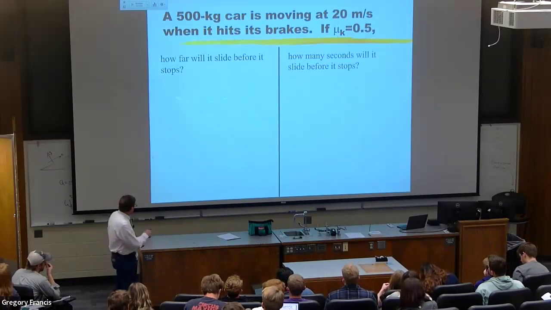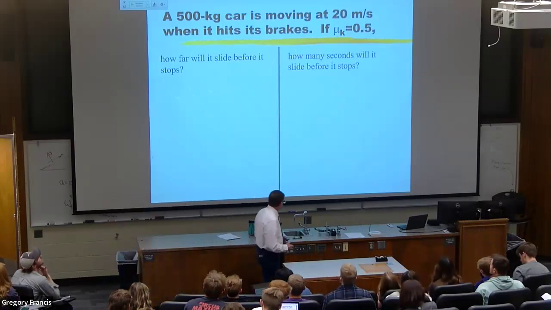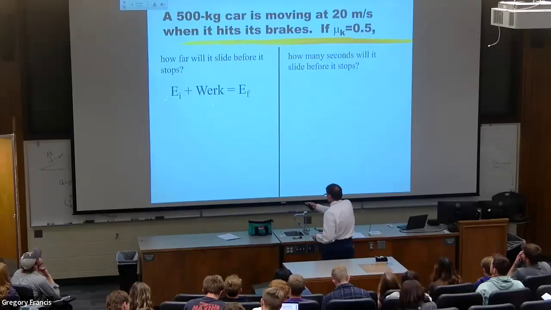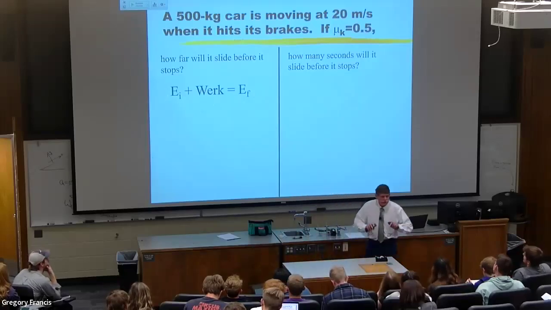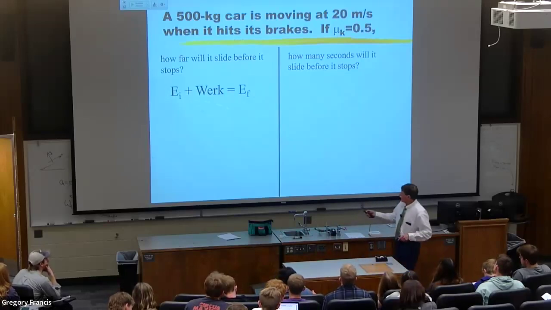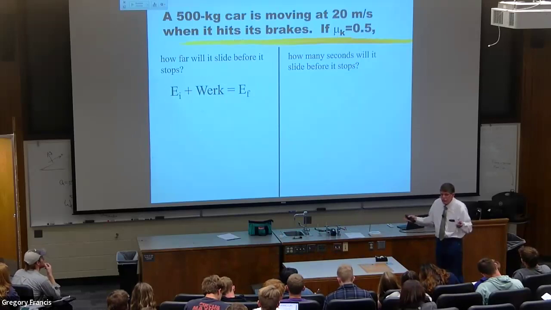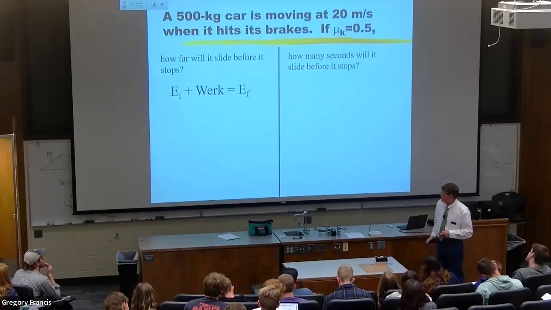If I ask you how far it will slide before it stops, that's an energy problem, okay? And so you would immediately go to your work energy equation. That's the starting point for every, not just some, every energy problem starts right here. Now, because you're on a level road that we can call height 0, and there's no springs in this problem, by energy we mean kinetic energy.